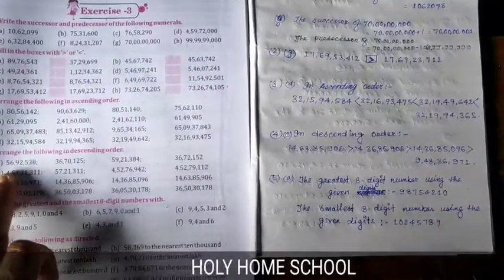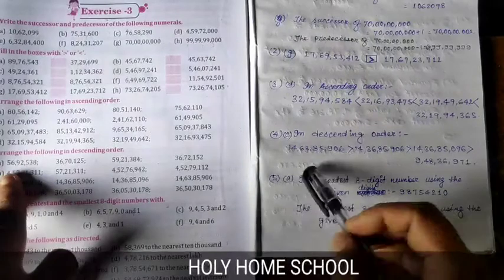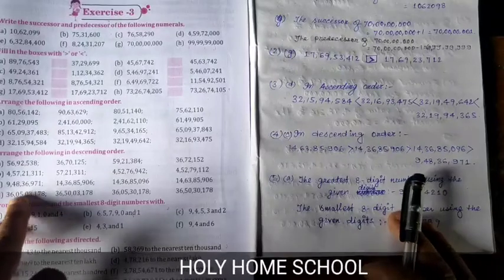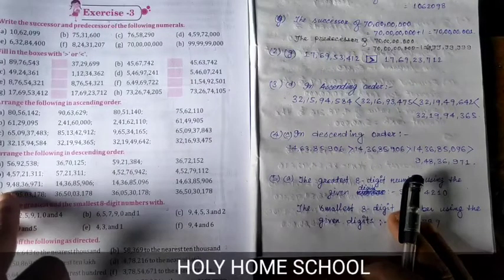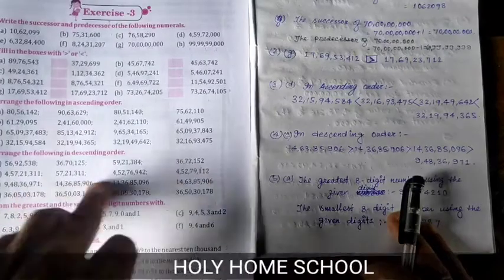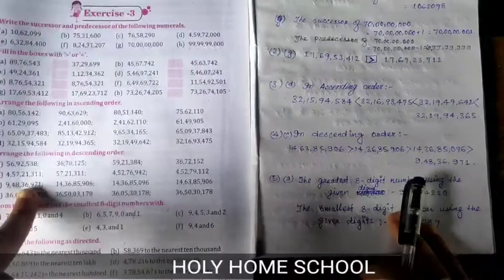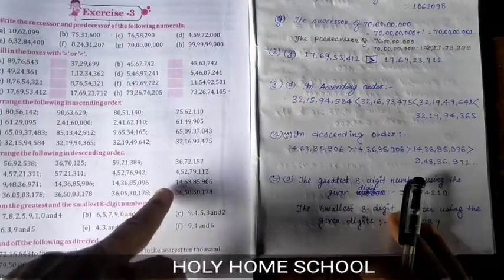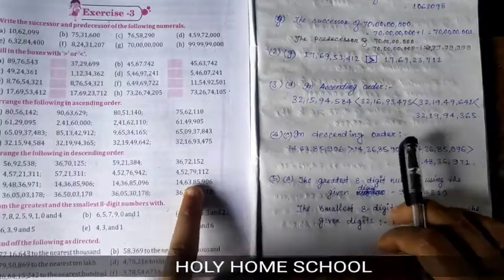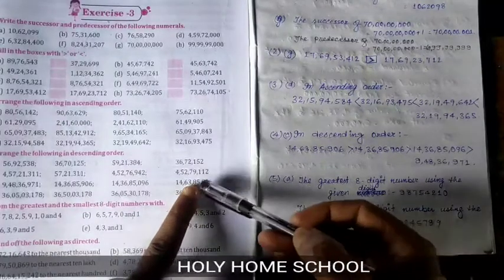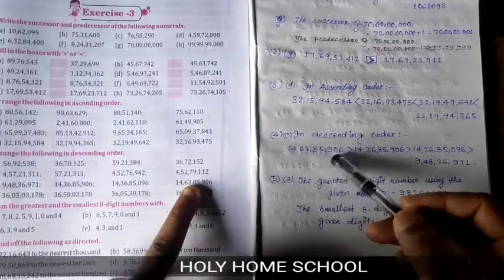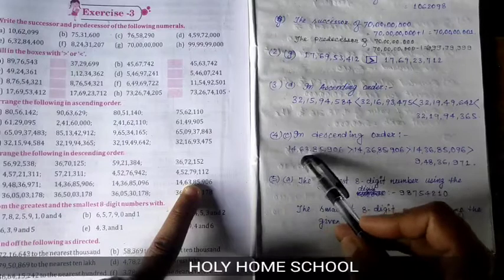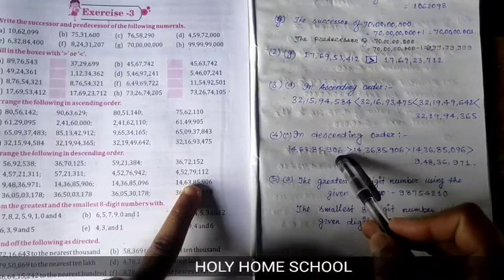So see one example for you. In descending order, observe which number is the greatest number. And definitely when we observe, this number is the smallest one. So observe these three numbers. At the lakhs place we get 63 lakh. That will be the greatest number. So we write 14 crore 63 lakh 85,906.